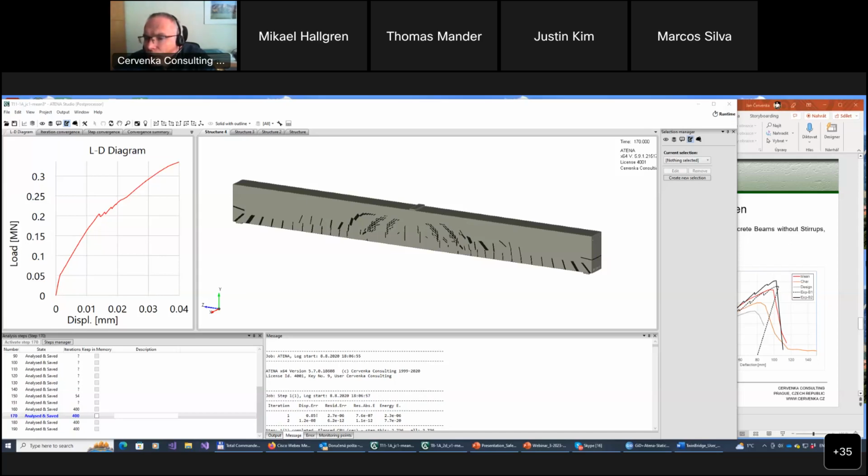Abdin is saying, when you define the stirrups and its geometry, are these stirrups directly in contact with main reinforcement?